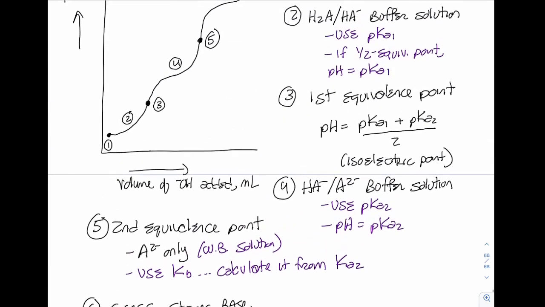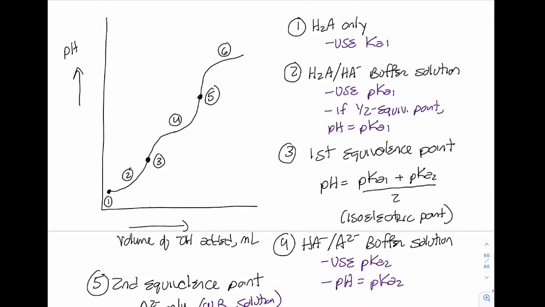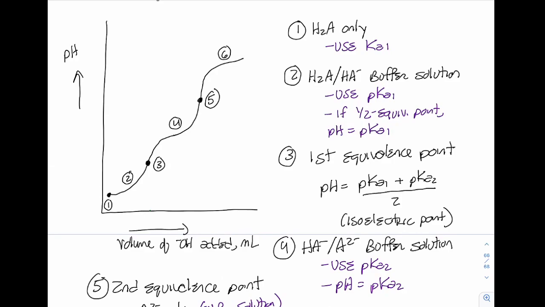And again, this is just a diprotic one. If we had triprotic, where I had 3 protons that I could lose, something like phosphoric acid, H3PO4, I would actually have 3 equivalence points. And you would just keep this trend. If I had 3 protons at the beginning, it would just be a weak acid solution, H3A. Point 2, it would be an H3A, H2A minus buffer.